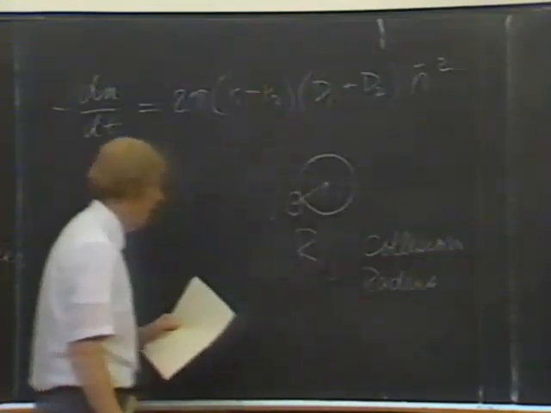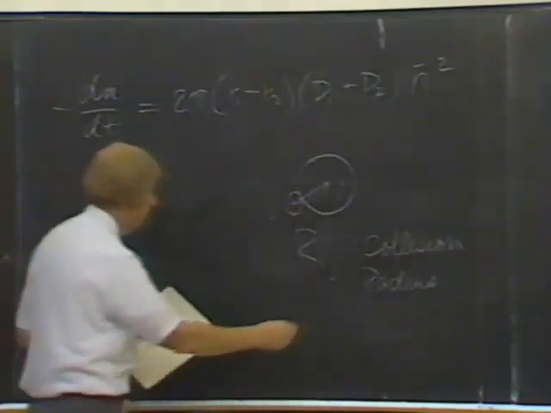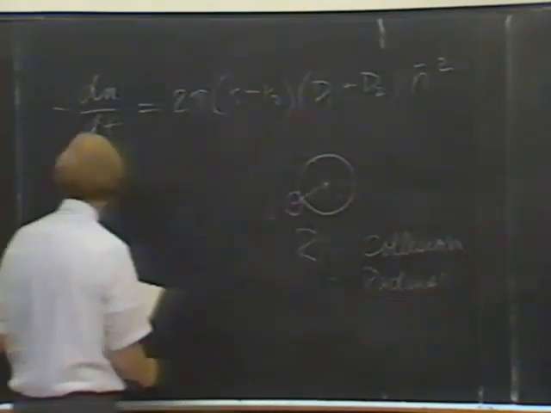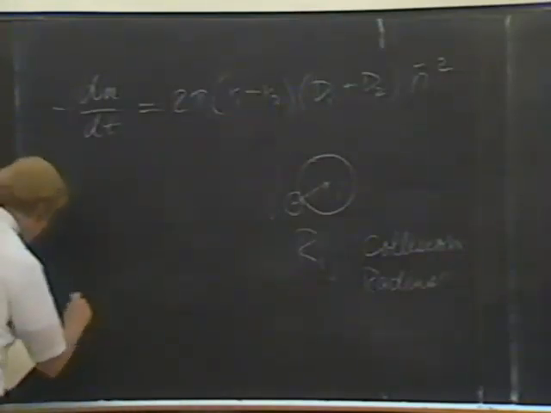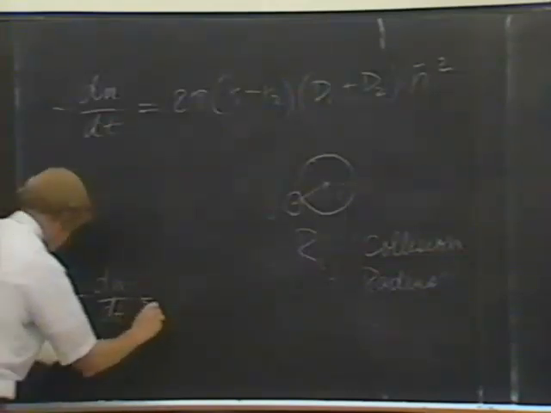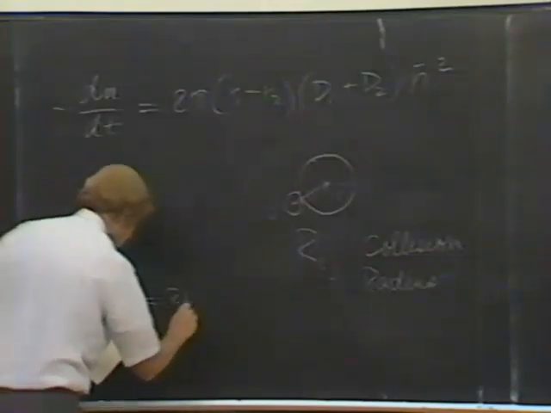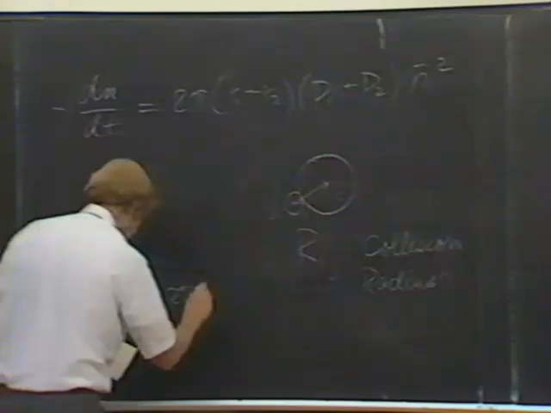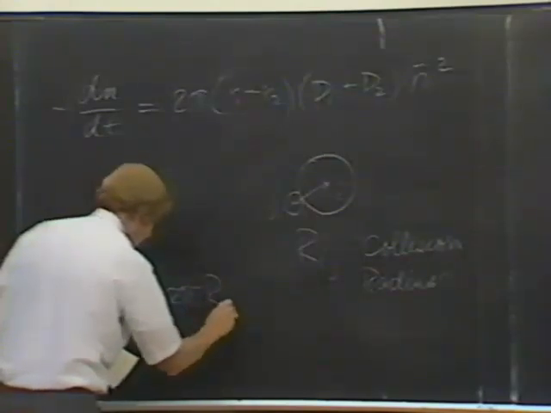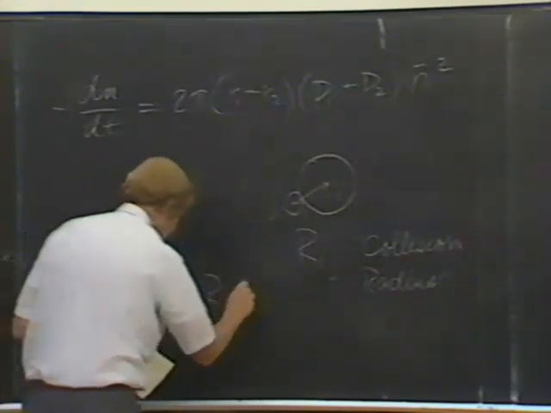So we have minus dN/dt is equal to 2 pi R_ij D effective times n squared.